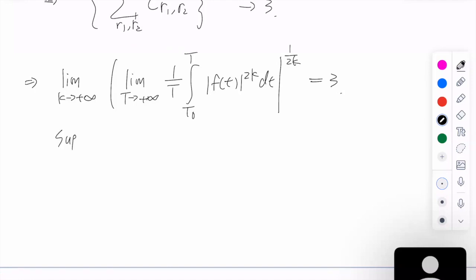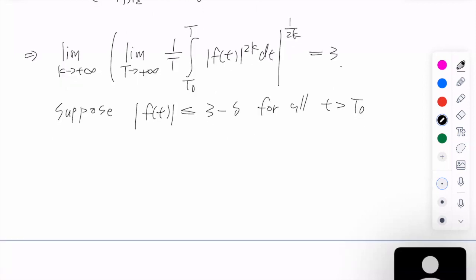Suppose that f(t) is going to be less than, say, 3 minus delta for every large t, say for every t greater than t0.